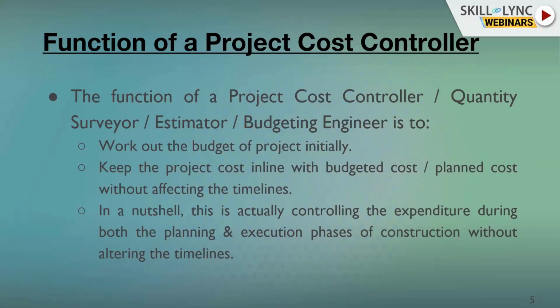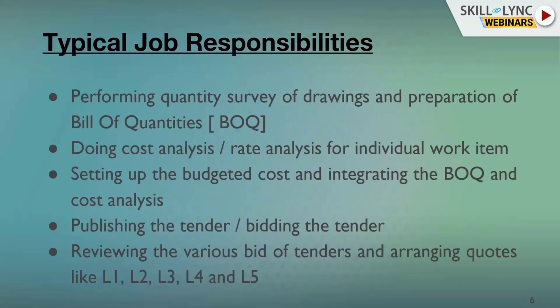Then work out the budget of projects initially. Additionally, perform the quantity survey of drawings, preparation of bills of quantities, cost rate analysis, setting up the budgeted cost, integrating BOQs and cost analysis, publishing the tender, reviewing the various bids of the tenders, and arranging the quotes like L1, L2, L3, L5.